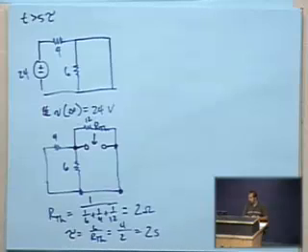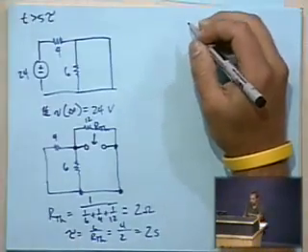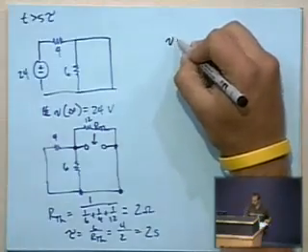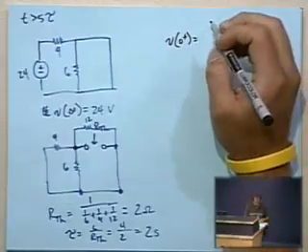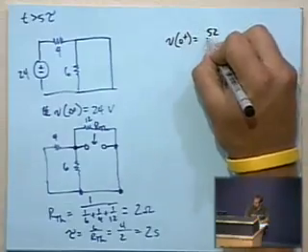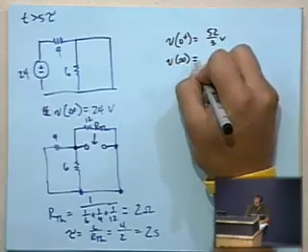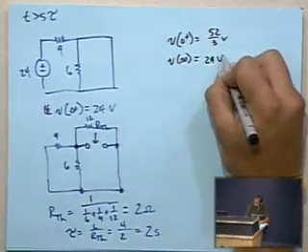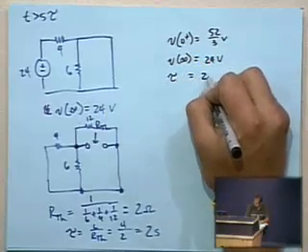So let's put together all of the stuff that we ought to see. We know that V of 0 plus was 52 over 3 volts. V of infinity was 24 volts. And tau was 2 seconds.